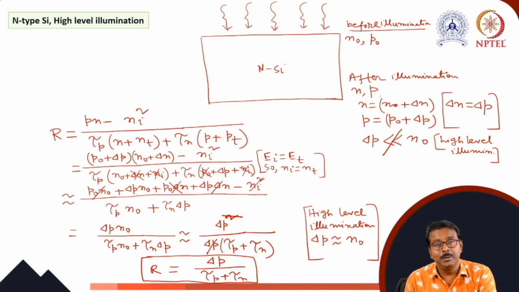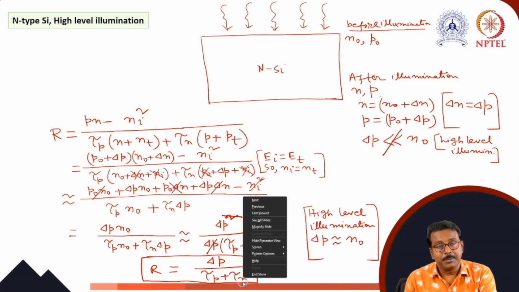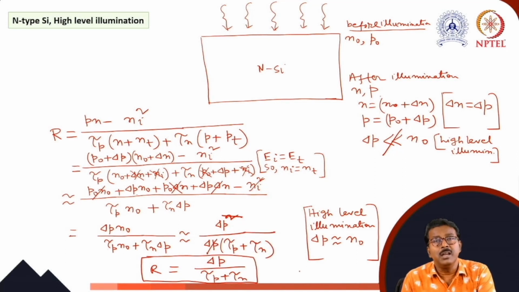In case of low level illumination, we have seen the rate depends only on the minority carrier lifetime. But in case of high level illumination, the recombination rate depends on both the minority and majority carrier lifetimes.